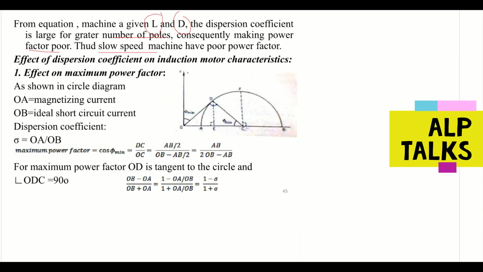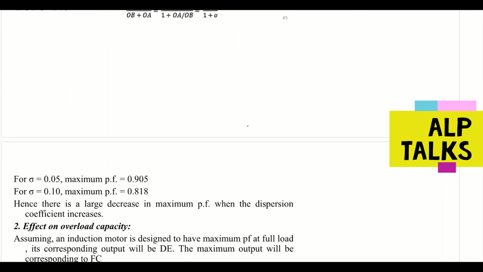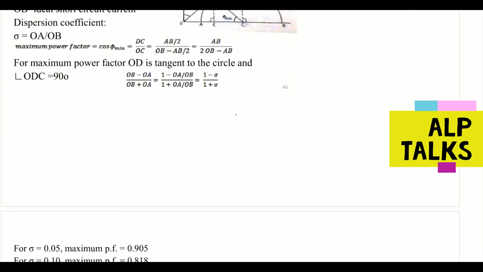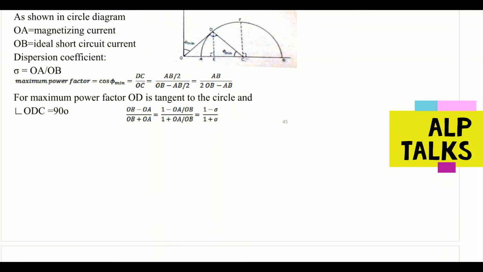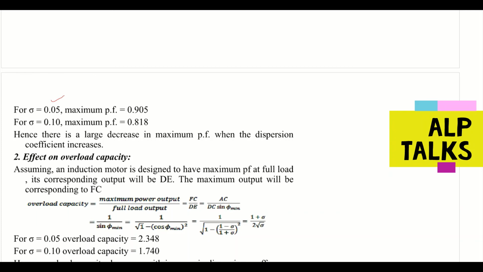This is one of the characteristics, maximum power for the condition of maximum power factor. We will discuss these things in the coming sessions also clearly. Here whatever sigma is there, that is the dispersion coefficient. That value 0.05, 0.01 with the power factor values of these.